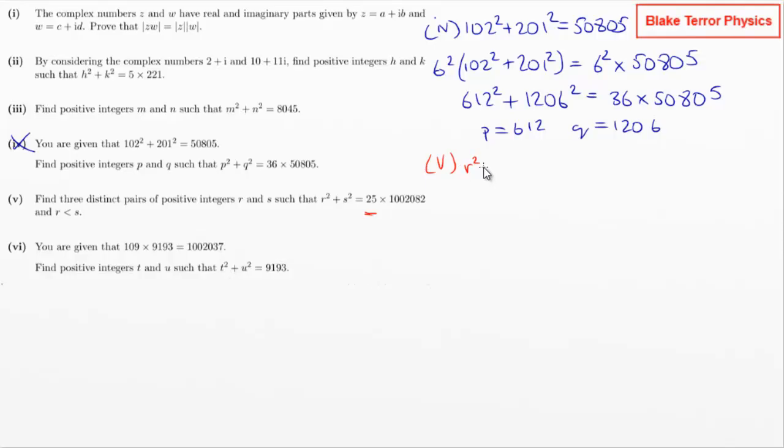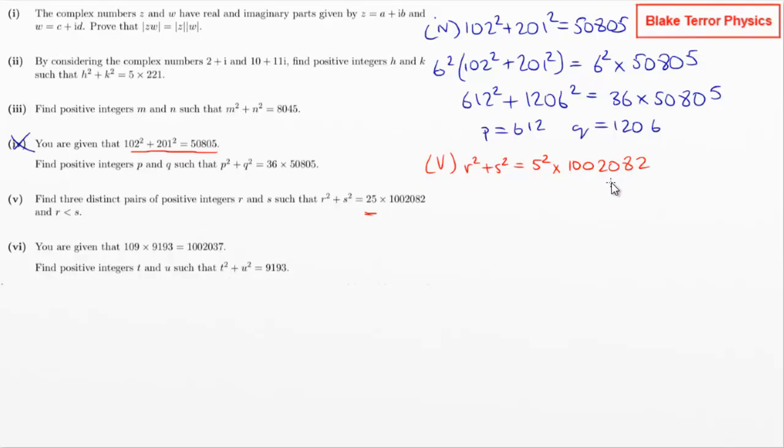So r squared plus s squared is equal to 5 squared times all of this thing. Now, going back to the previous part, we need this bit. So ignore the 5 squared. Get 2 numbers that are going to square and add up to this thing. So what are we going to have for that then? So this is how many? 1, 2, 3, 4, 5, 6.